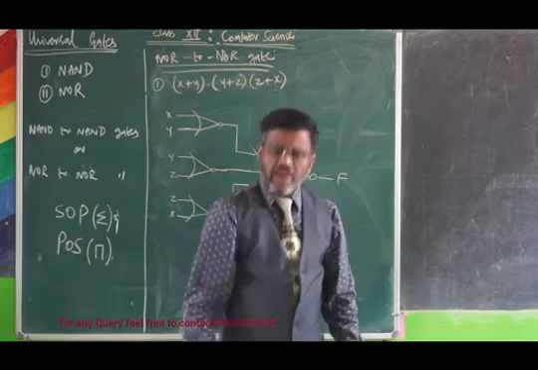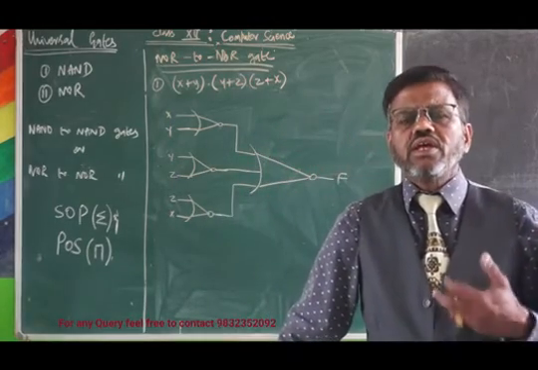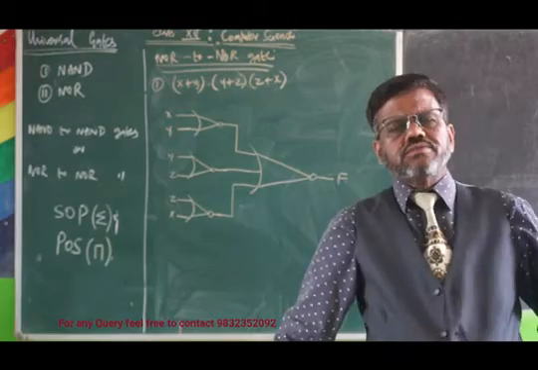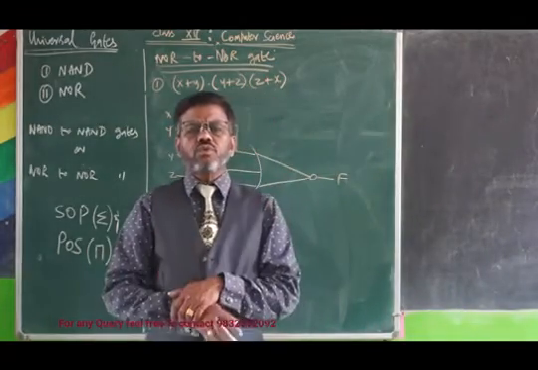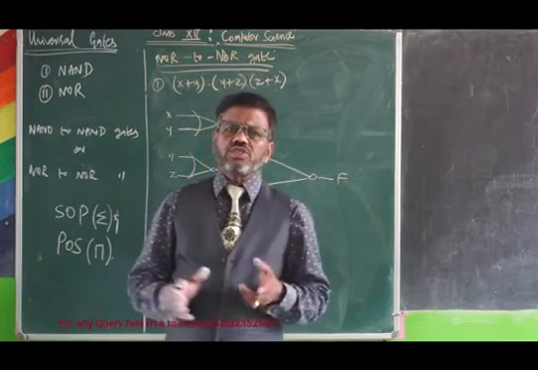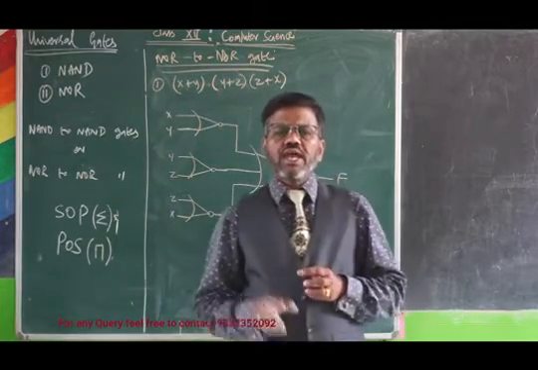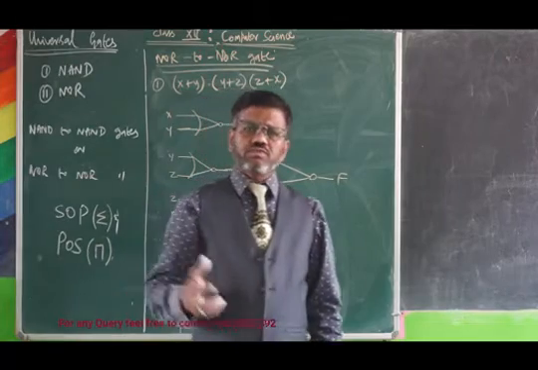Now we shall go to the applications of gates. How are these gates useful in our day-to-day life? As all of you know, in your CPU there are very many units. One of them is called ALU, arithmetic logic unit. How does it work?